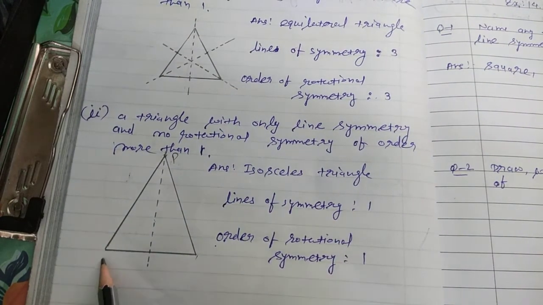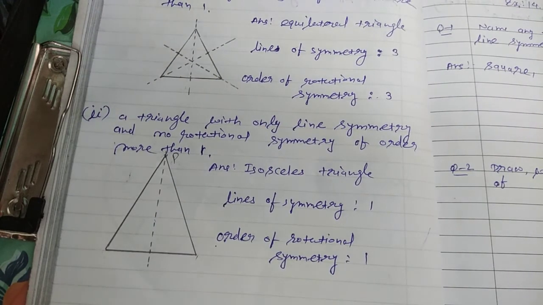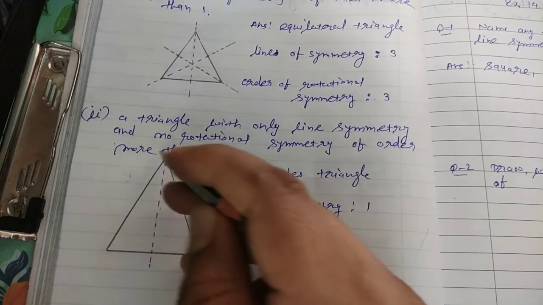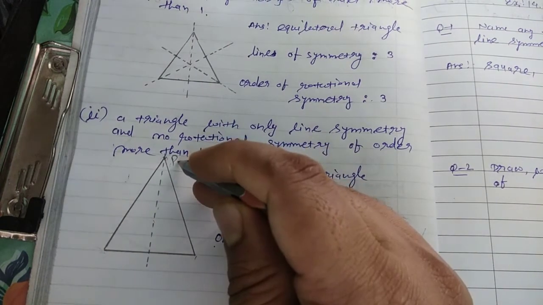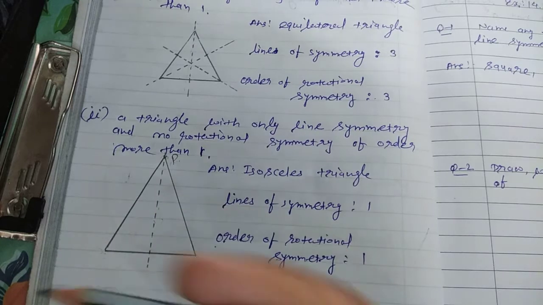Again, we will move here. Again, we get a shape of the triangle which is not exactly the same as the original shape. And again, we will move it here. Now this point P comes to the original place, and after a 360 degree rotation, we get exactly the same copy.